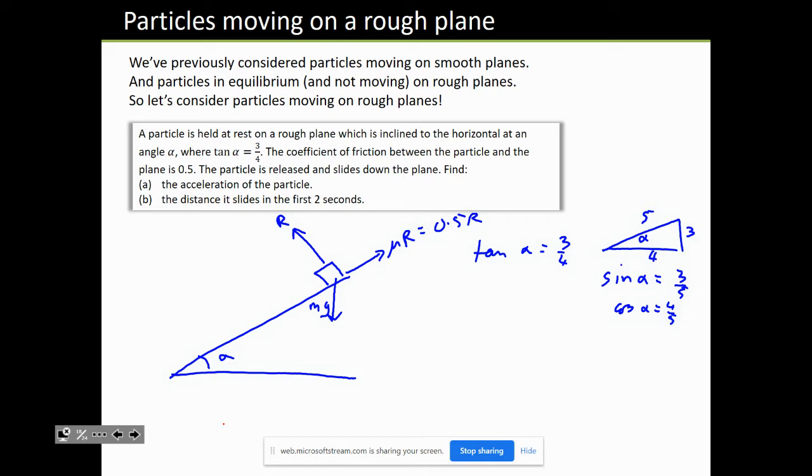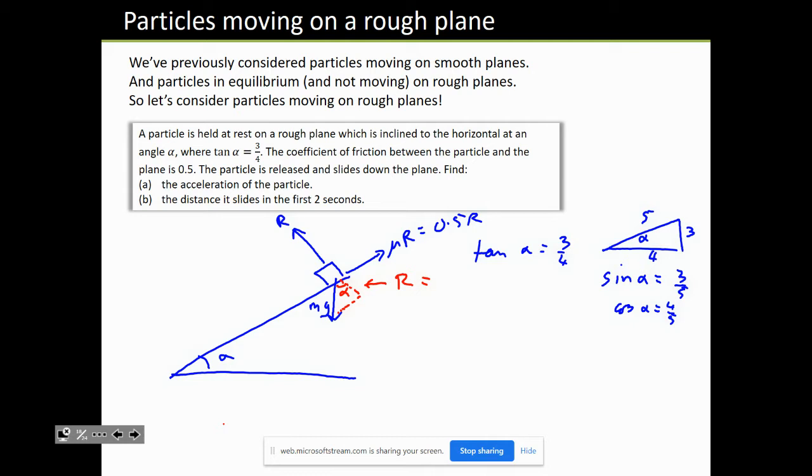So if we look at perpendicular to the plane first, our mg, where this is alpha, has a component that is perpendicular to the plane and a component that is parallel to the plane. And the perpendicular component is going to equal R because this particle isn't going to be lifted up off the plane.